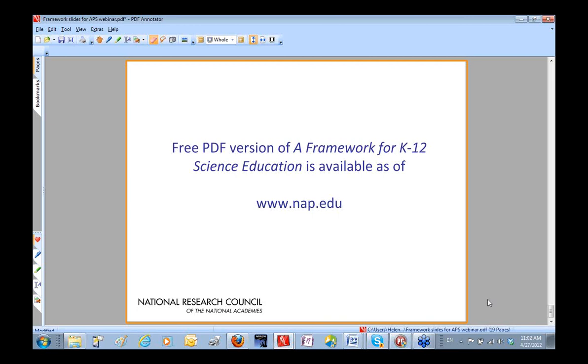The piece I also like to stress in the obtain, evaluate, and communicate is the evaluate. Information today is cheap. You just go online and type into Google or whatever search engine you like to use, and you get tons of information on whatever topic you want. What you need is the ability to figure out what of it is good information and what of it is just junk or craziness.